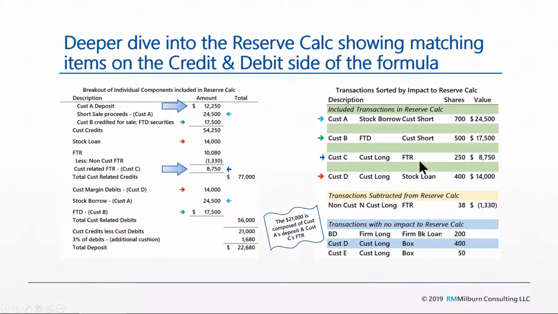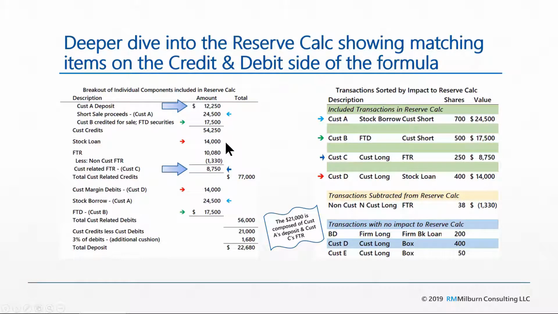From this breakout, you can see that the short sale proceeds are offset by the stock borrow because that particular cash was given to another broker-dealer as collateral for the shares. So we're not protecting that in the reserve calculation. Customer margin debit, that is related to the stock loan because we received cash in for the shares.